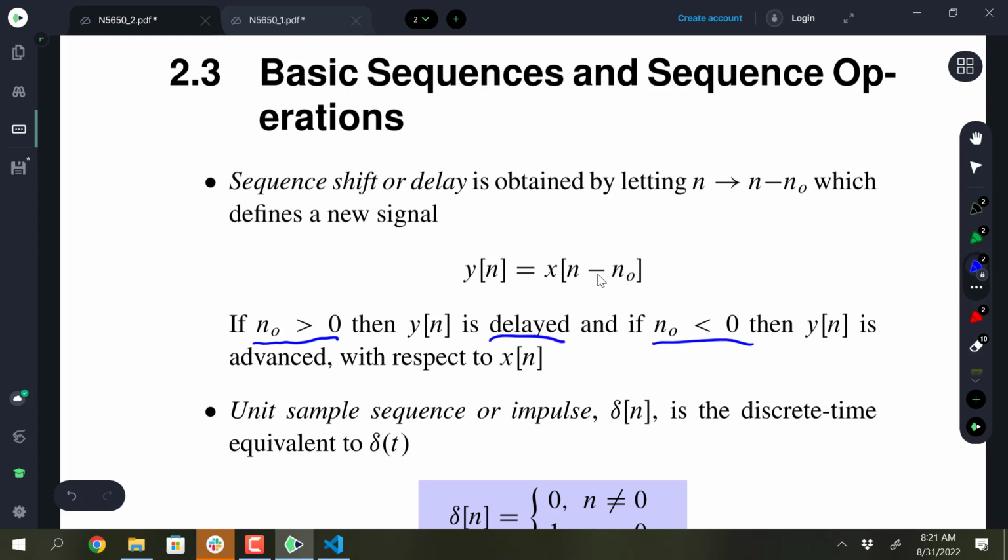If n naught is negative, then the signal is advanced. So if n naught is positive, the signal moves to the right. If n naught is negative, the signal moves to the left, so it's earlier than the unshifted version. We use shift operators a lot.